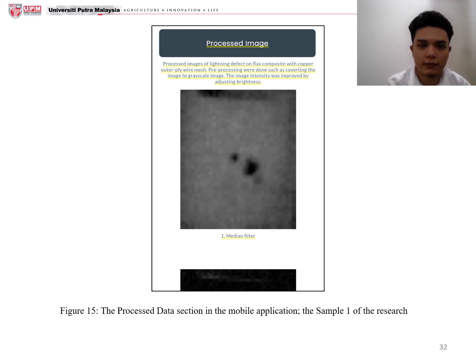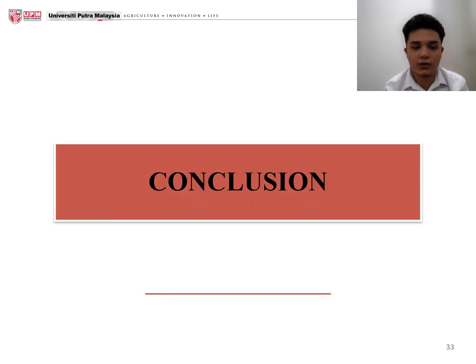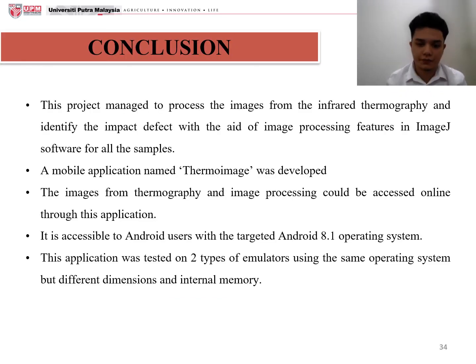Right. And then for the conclusion, this project managed to process the image from the infrared thermography and identify the impact defect with the aid of the image processing feature in the imaging software for all 4 samples. A mobile application named Thermal Image was developed.